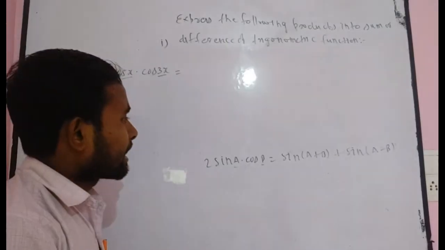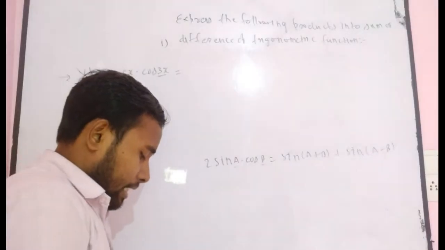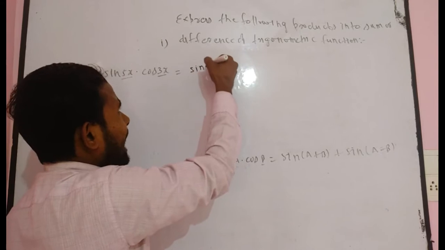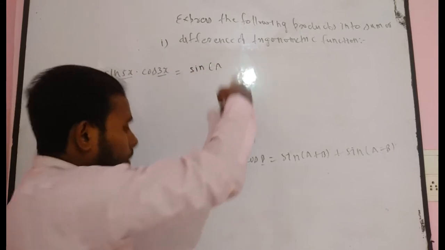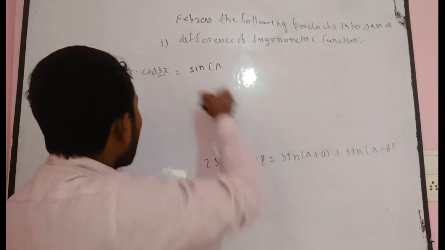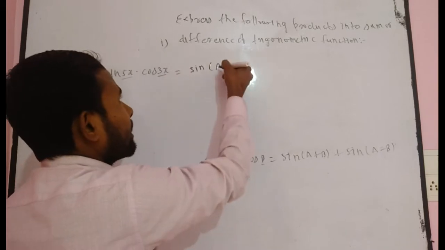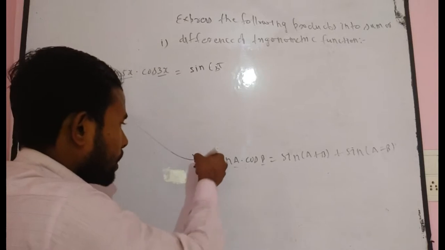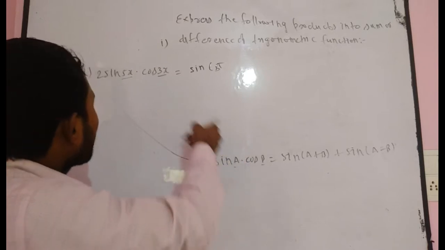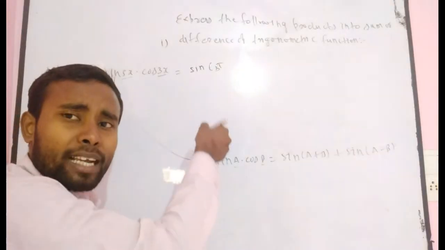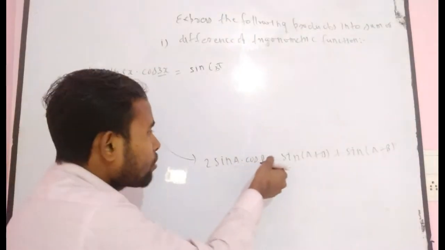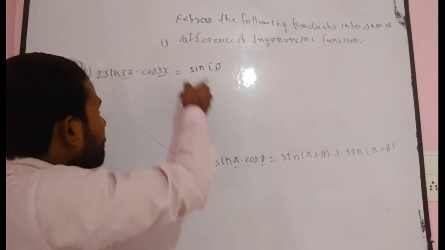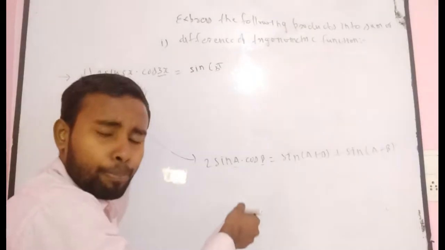Can you write this angle as sin (a plus b)? Here a will be 5x and b will be 3x. So using this formula, 2 sin 5x into cos 3x is 2 sin a into cos b, where 5x is a and 3x is b.